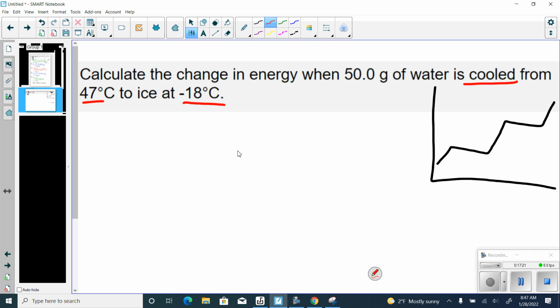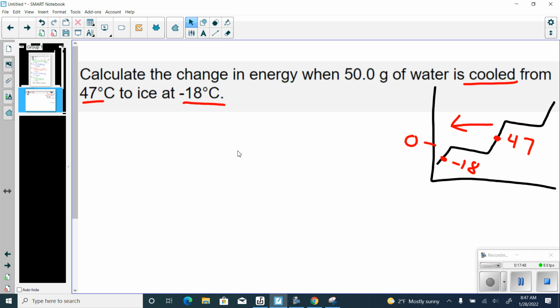If I'm at 47 degrees, that's right around there. That's in the middle of the water. Negative 18, let's say it's right there. Remember, this is 0. And we're going to cool it this time. We're going to go to the left.